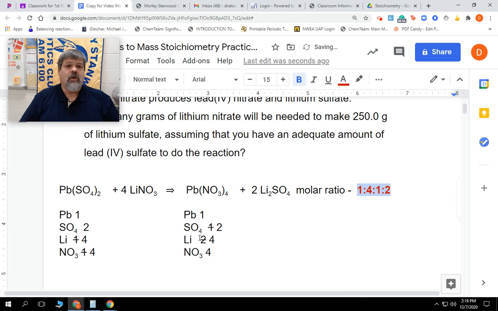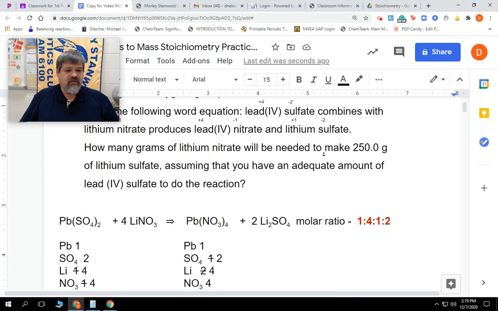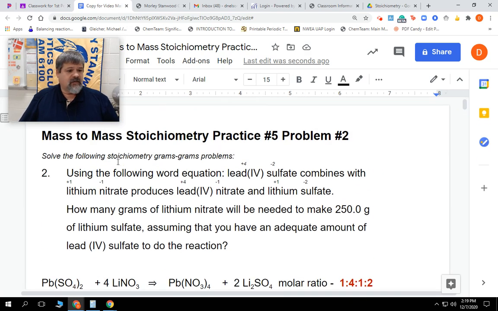And now we're going to do our stoichiometry. Our stoichiometry says that we need to start by using the number in the equation. Okay, so let's go ahead and start with that number. That number, if I go to the equation itself, is 250 grams of lithium sulfate. So where's lithium sulfate? That's right here. So if I tab over there, I know that I'm starting off with 250 grams of lithium sulfate.